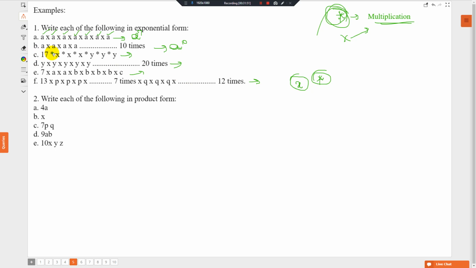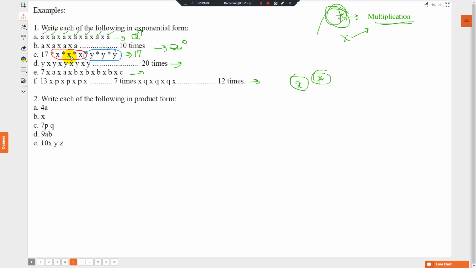So this means multiplication. So 17 into x into x into x into y into y into y. That means first what we're gonna do? Yes, first write the 17. Now group them. So x is here, y. Now in this, how many groups? Two groups.